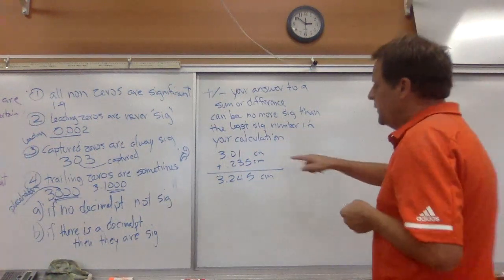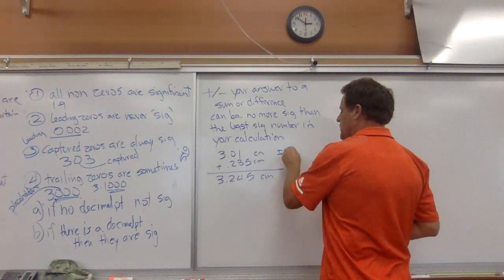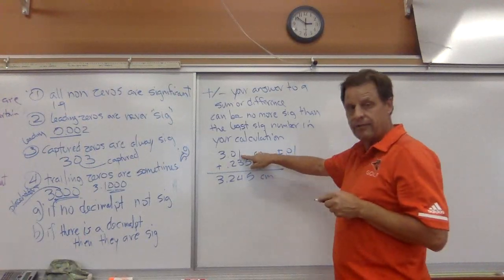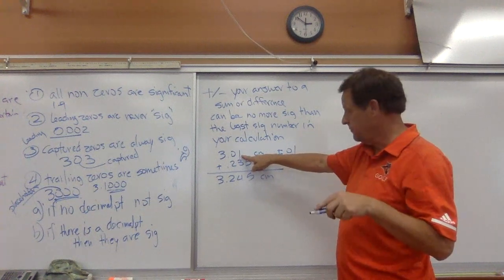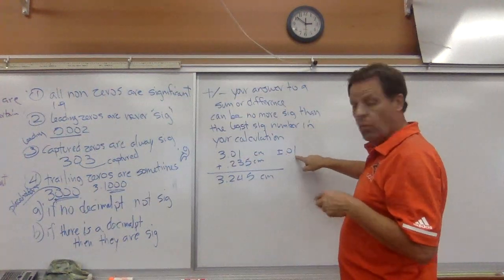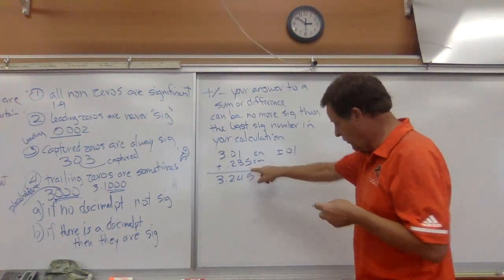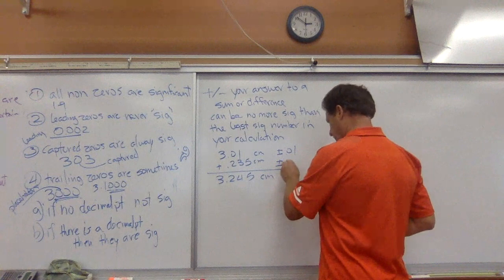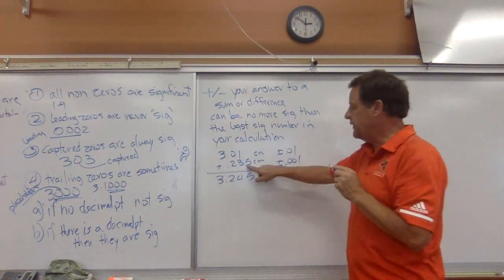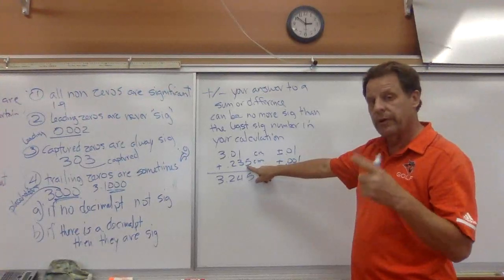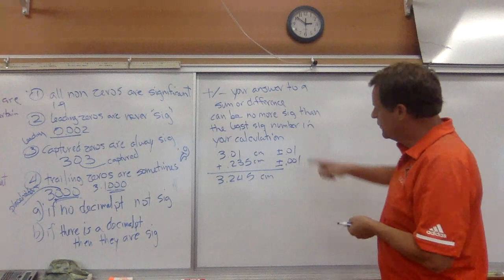Now remember, this number right here is plus or minus 0.01. We go to the last placeholder of the last significant digit, the guess, and we go plus or minus 1, whatever that is. Now, for this one, it's going to be plus or minus 0.001. Now, remember, even though that's a 5, we go to the plus or minus 1 of the placeholder. So that's going to be plus or minus 1.